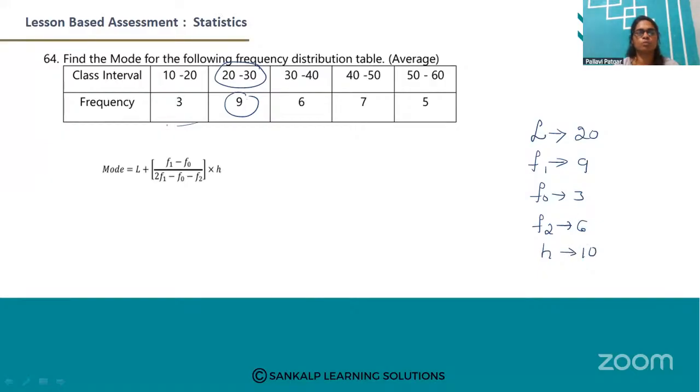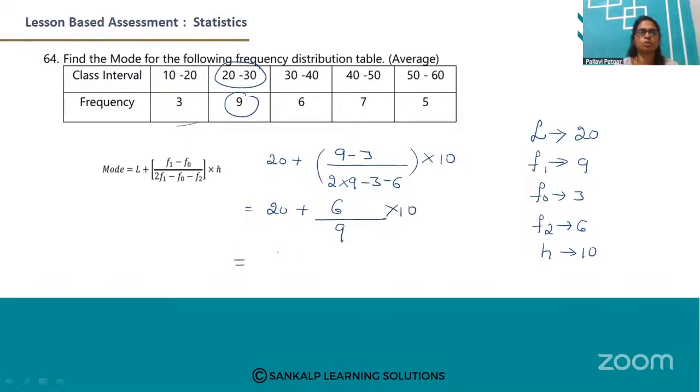Apply the mode formula. Substitute the values. This becomes 20 plus (9 minus 3) divided by (2 into 9 minus 3 minus 6) into h, where h is 10. So this is equal to 20 plus 6 divided by (18 minus 9, which is 9) into 10.